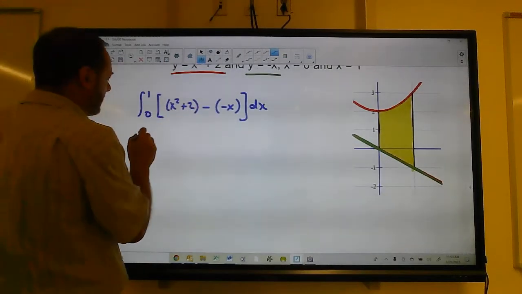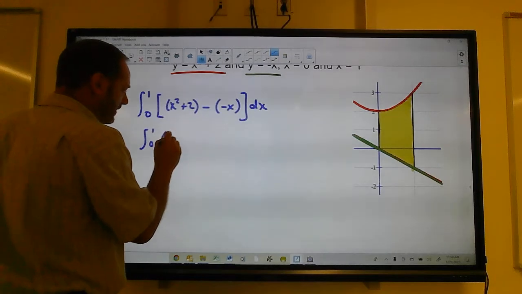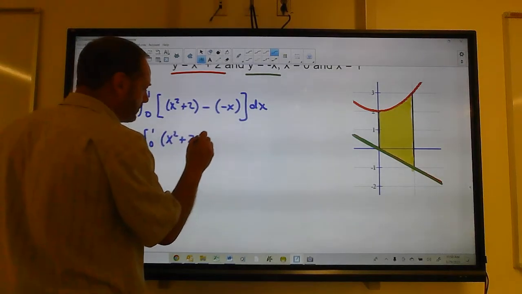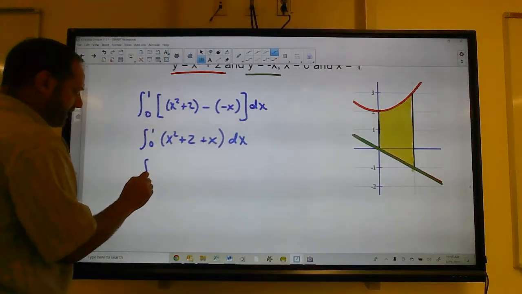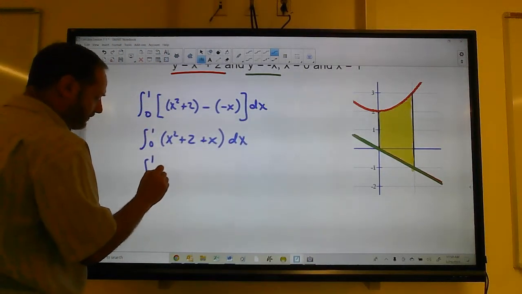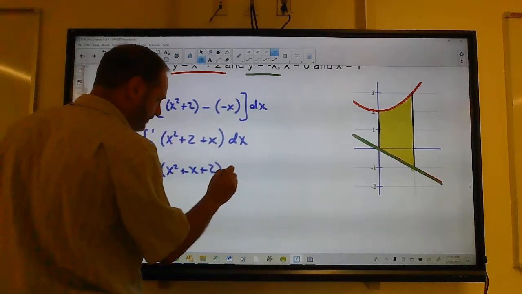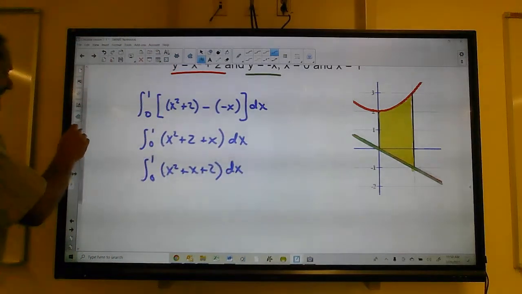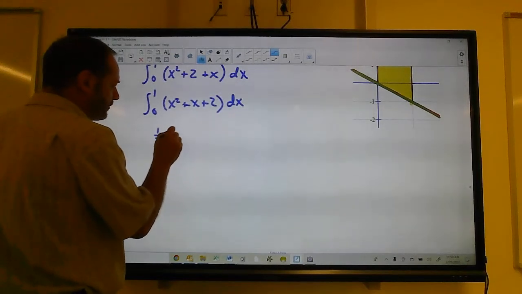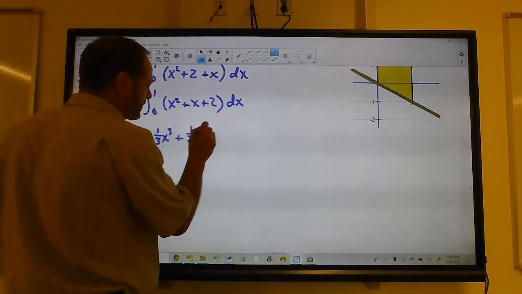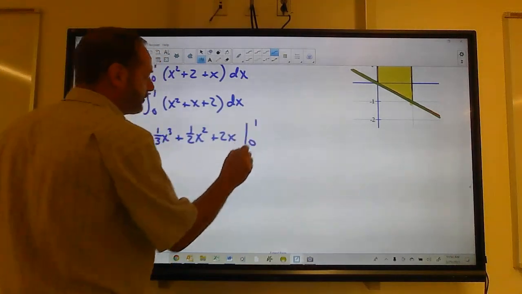These two negatives cancel out, and this becomes x² + 2 + x, which we'll rewrite as x² + x + 2 dx. Now we integrate this. This is super easy to integrate. It's 1/3 x³ + 1/2 x² + 2x, evaluated from 0 to 1.